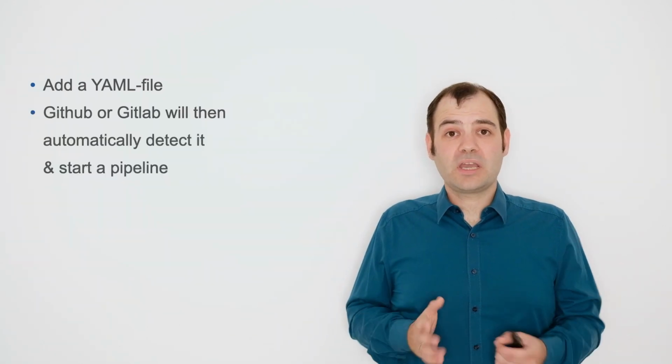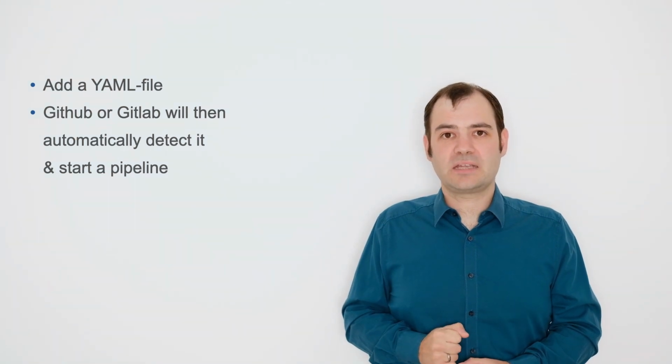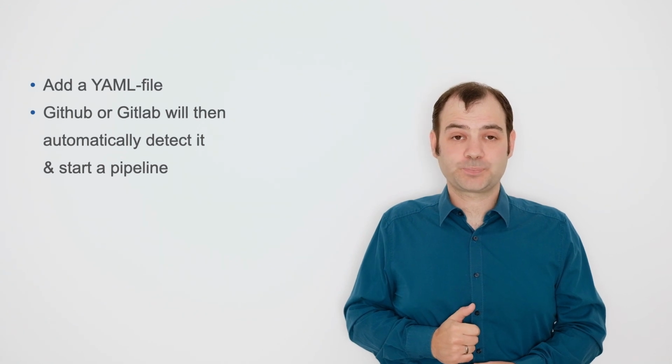These tests are configured using files that you check into your regular Git repository. And these files are YAML files. And I assume that not all of you are familiar with these types of files, so I'll get a little into that. When you have these files, as already said, GitHub and GitLab will detect that these files are present and therefore start a pipeline.